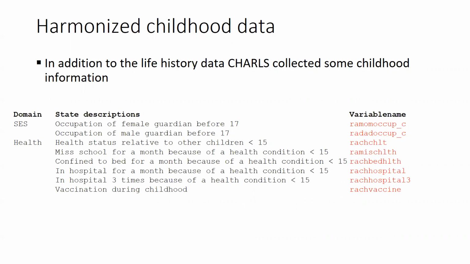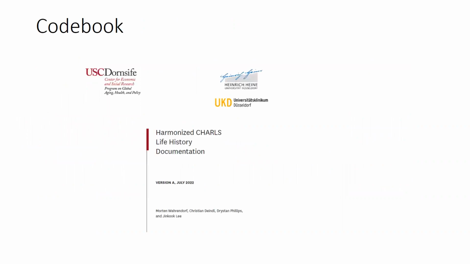This would be the socioeconomic status of parents, in this case before age 17, and then we have some information about the health status when people were younger than 15 years, and this is really similar to what SHARE and ELSA included in their life histories. More information, as I already said, can be found in the code book.